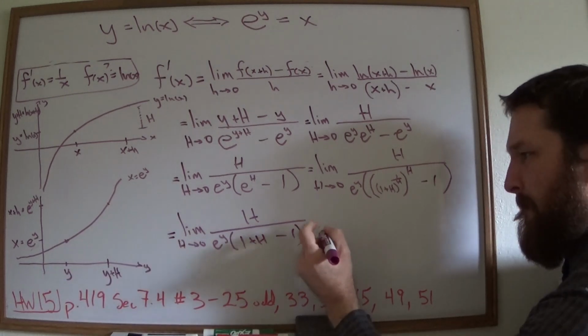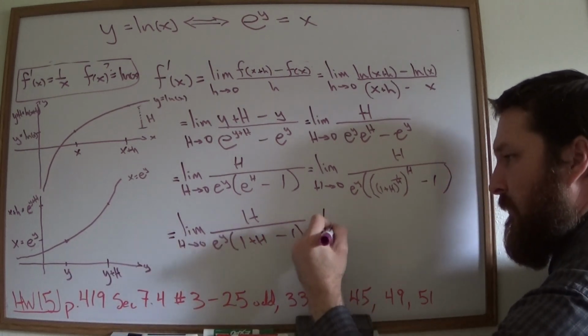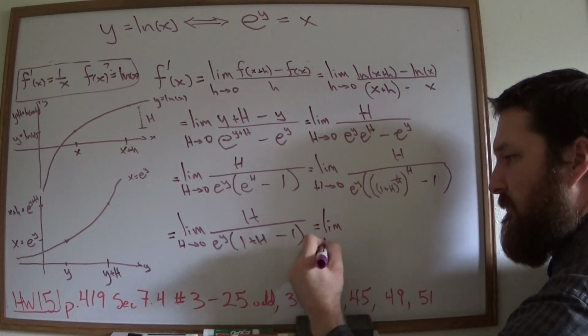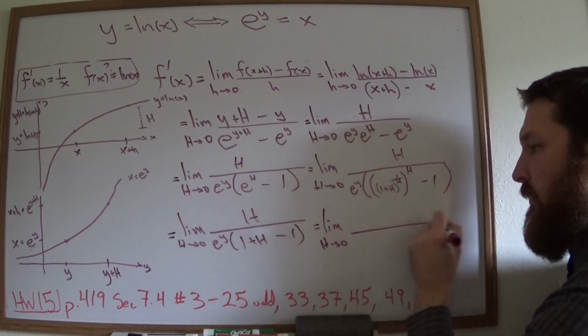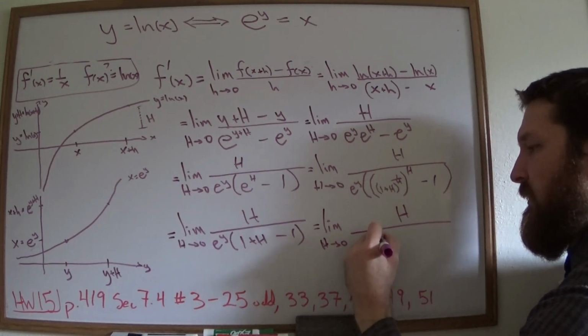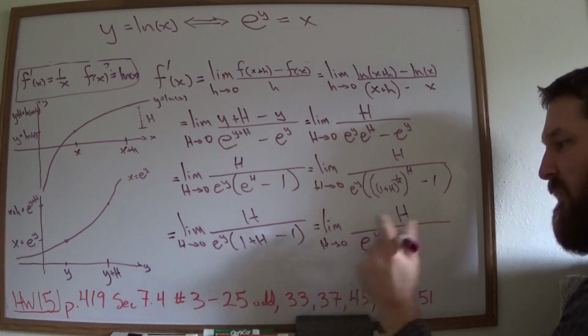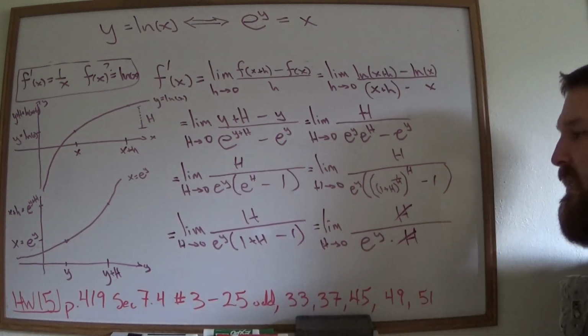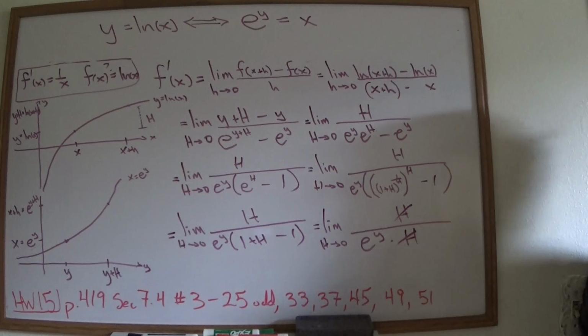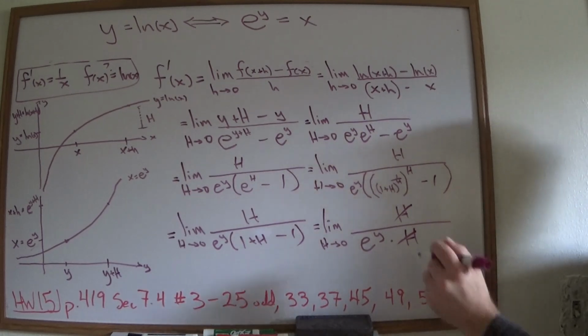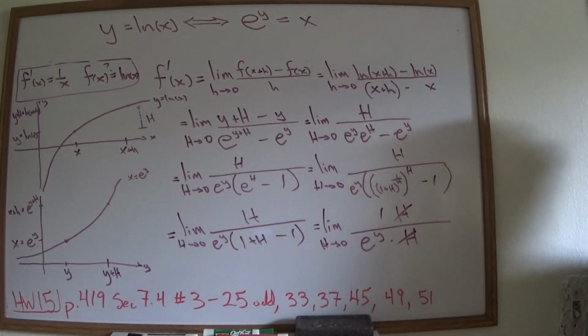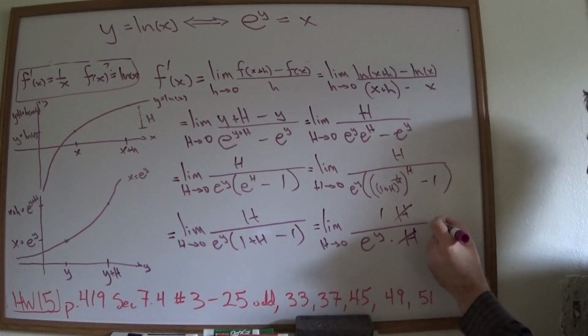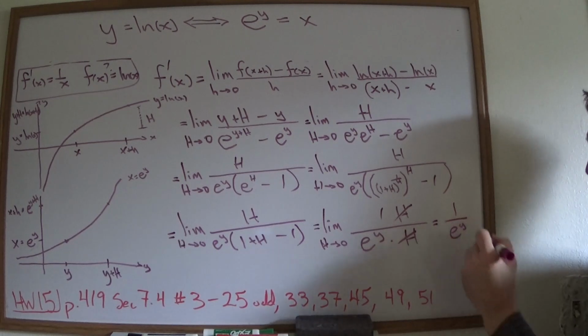You buy that? Limit as big H goes to 0 of h e to the y times, only thing left is h. The h's cancel, and we just have a constant e to the y, 1 over e to the y, and so this just works out to 1 over e to the y.